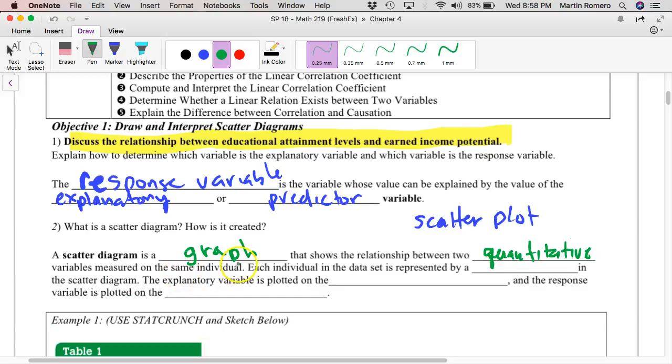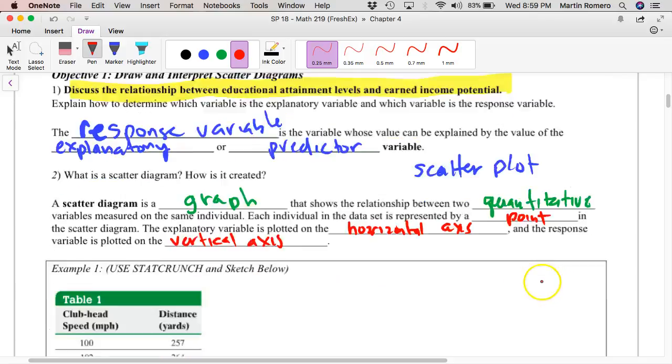Measured on the same individual, each individual in the data set is represented by a point. So you draw a point in the scatter diagram. Again, the explanatory variable is plotted on the horizontal axis and the response variable on the vertical axis.